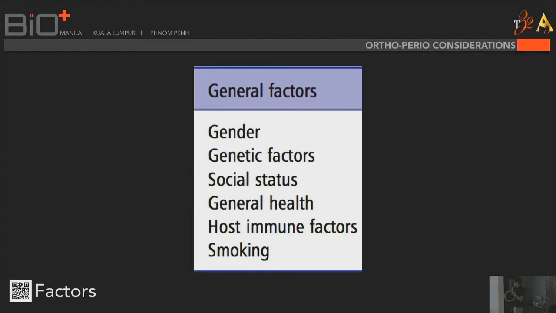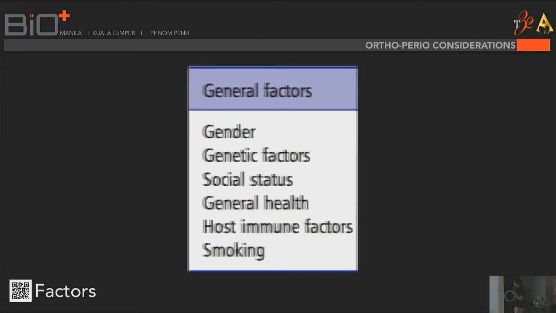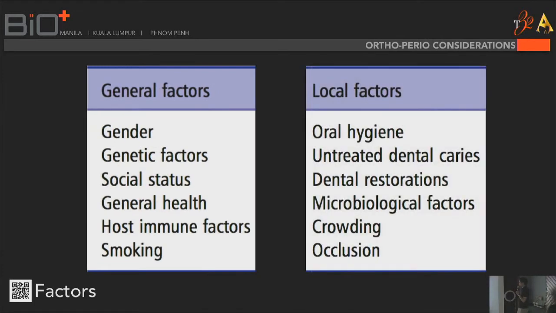All right. So the factors for perio are, of course, gender. For females, especially when they're pregnant, bone quality is much lower because the calcium requirement of the baby is really high, and it takes the calcium of the mother.